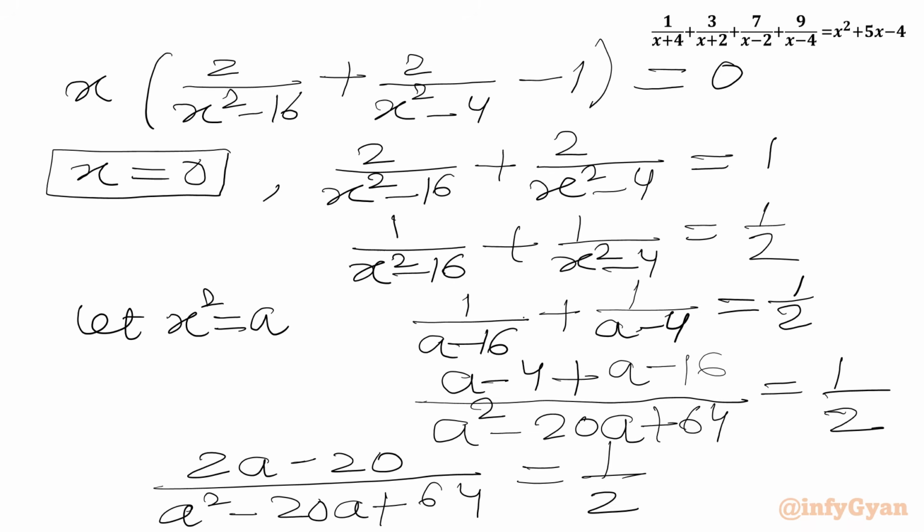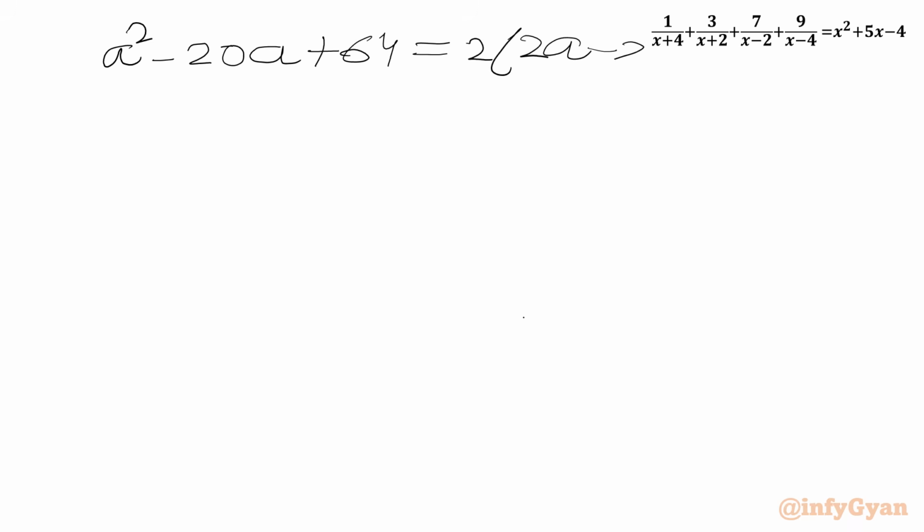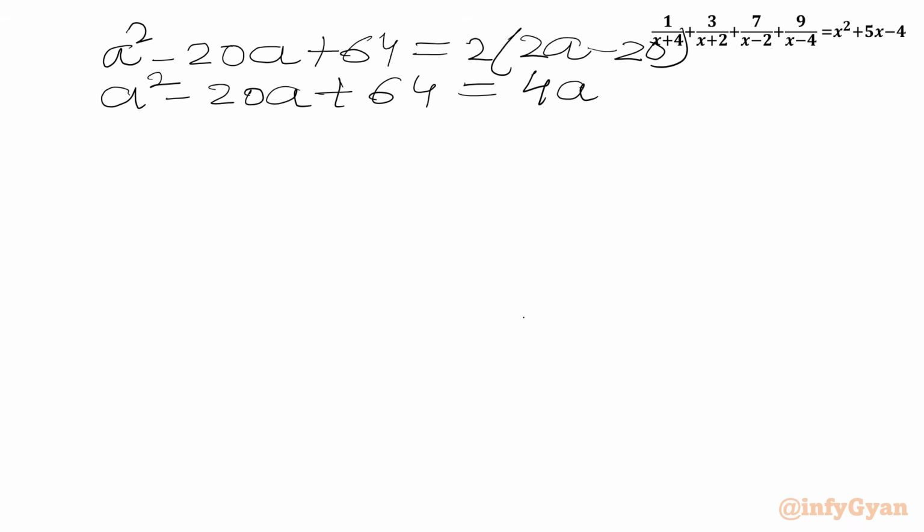Now we will cross multiply. So we will get a square minus 20a plus 64 equal to 2 times 2a minus 20, which will be equal to a square minus 20a plus 64 equal to 4a minus 40.